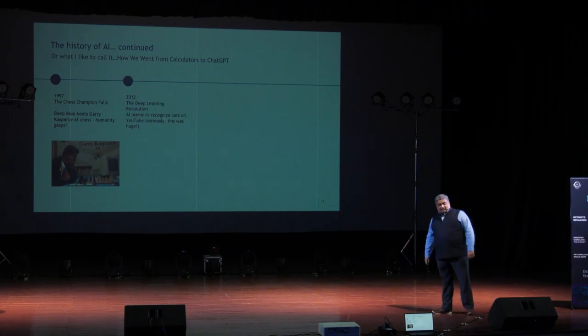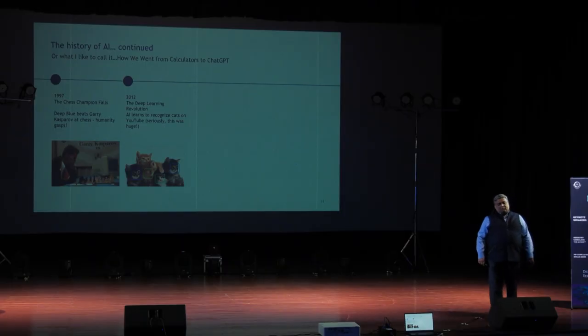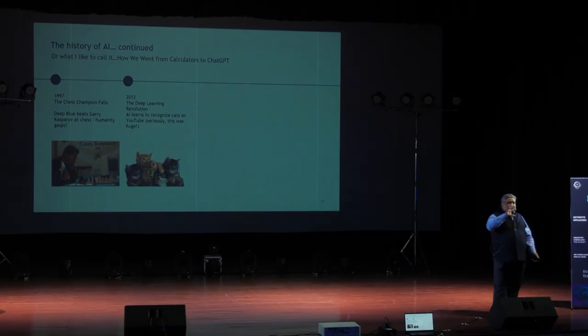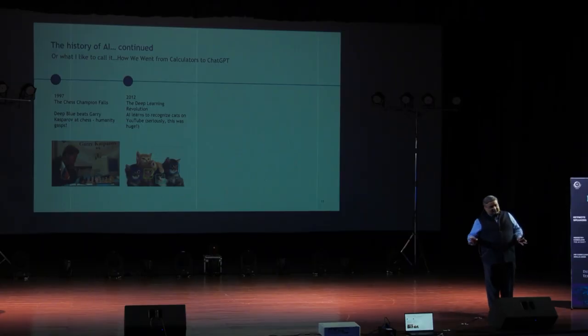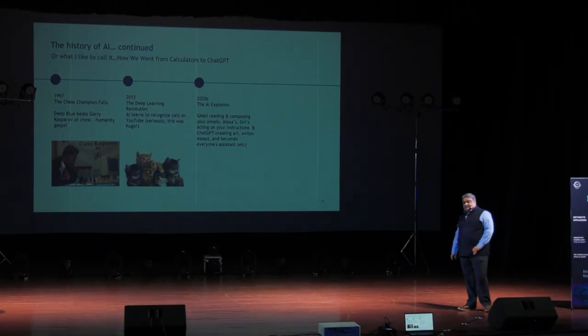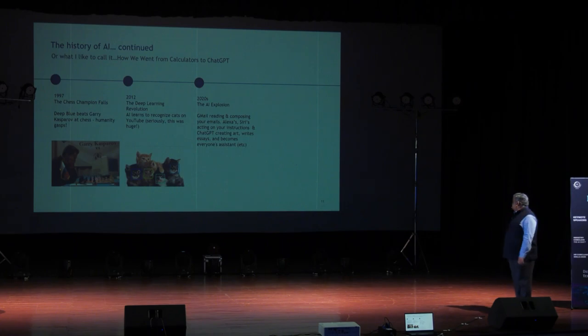But in 2012, many of you would remember, when cats were identified in YouTube videos as a form of facial recognition, we all thought that's the biggest thing which will change the world, right? How many of you remember that? 2012 is not very old. And then in the 2020s, Gmail started reading and composing your emails, giving you predictive text.